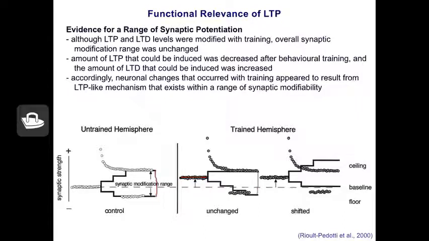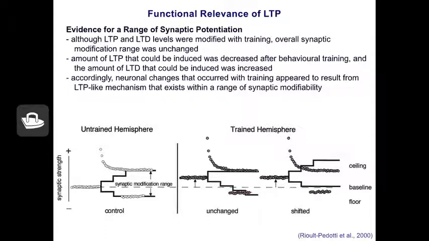So it's the same range that was seen in the model at the left for the naive preparation. In this model, we can potentiate a little bit and get to the maximum of the range. Or we can depress a lot and get to the minimum of the range. And so this model does fit with the data.